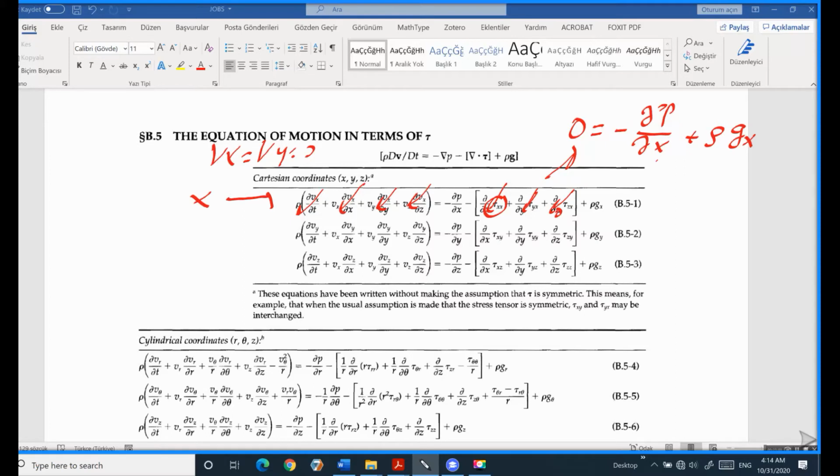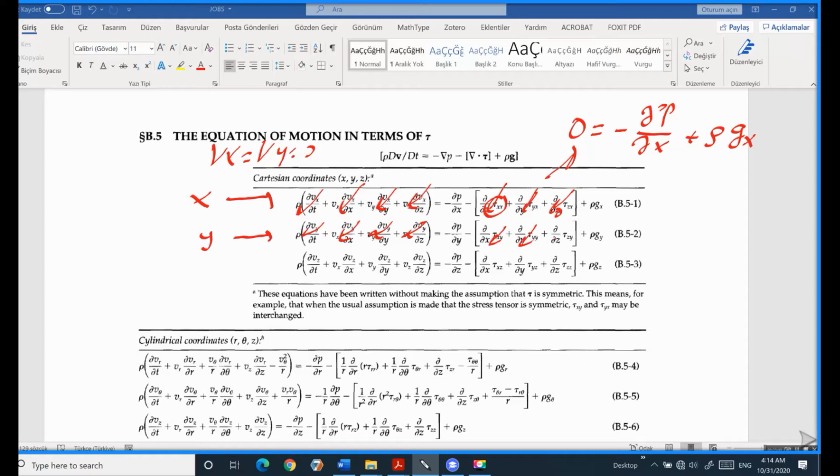Keep this in mind. In the y direction, actually, this term is going to be 0, this term is 0, this is 0, this is 0. At the right side, again, the yx and xy terms are going to be 0.